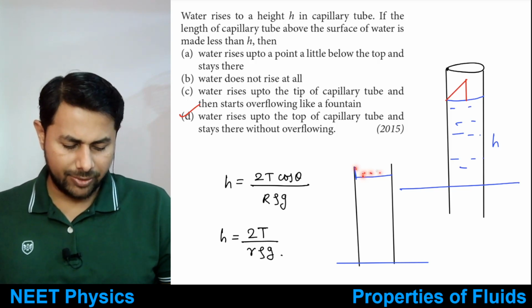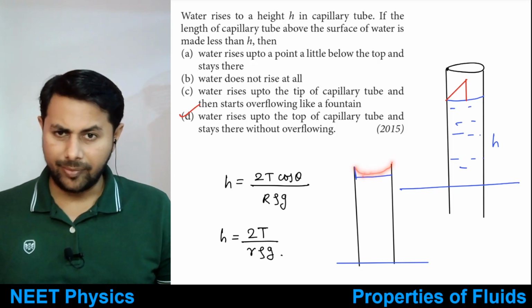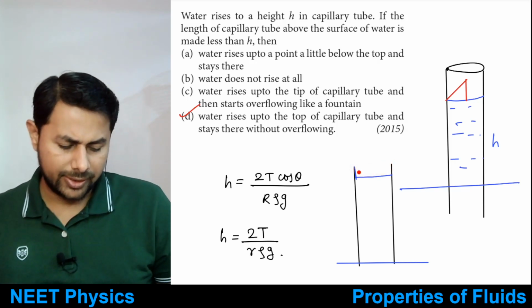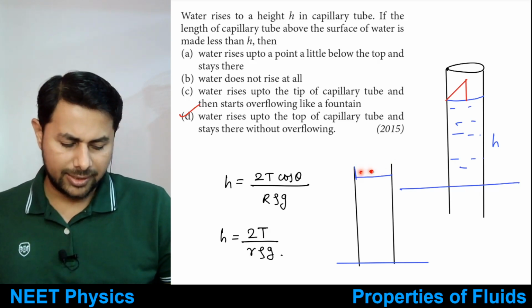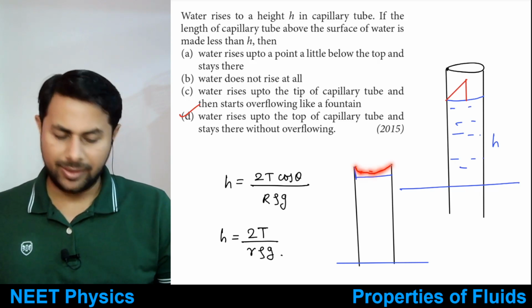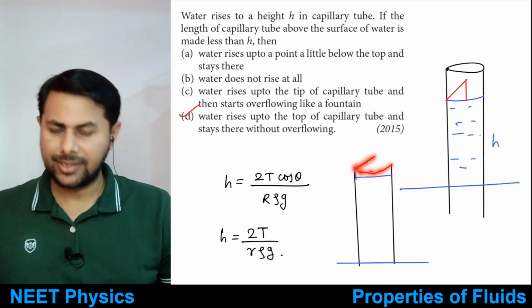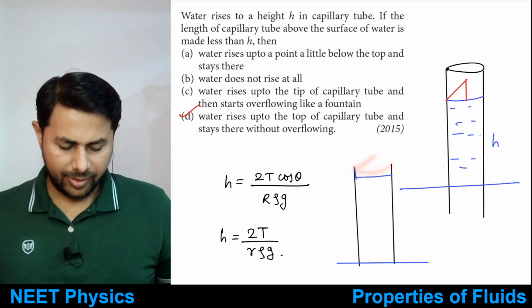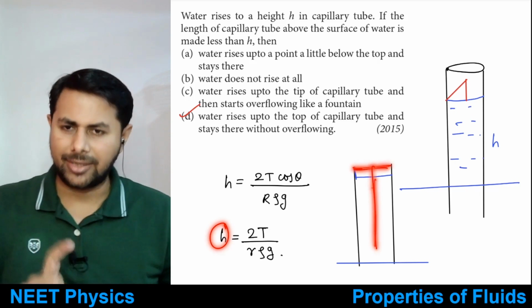As this level goes up, the shape of the meniscus will change. In order to overflow, first this level has to rise, right? You agree with that? Then as this level rises up, the shape of the meniscus will change, and therefore the radius of curvature gets adjusted in such a way that h becomes just equal to the maximum available height only.